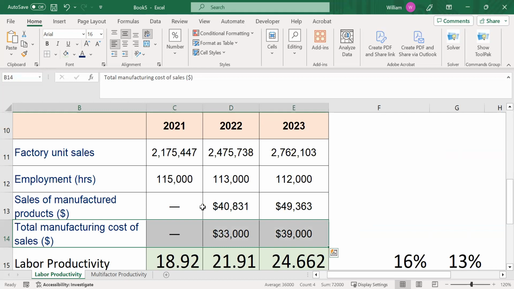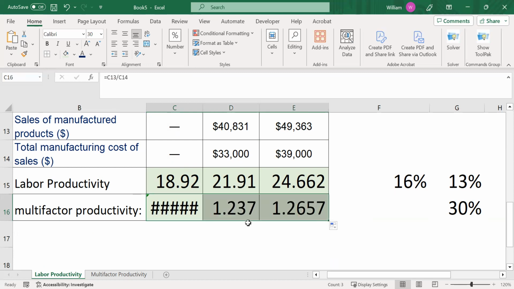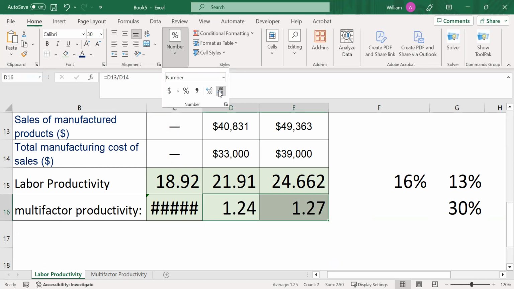So we also have our output in terms of the dollar value of the sales of the products we're selling. And so we can quickly figure out how well we did on multi-factor productivity by having our output divided by our total input. In that first time period, there are 2 zeros there, so there's really nothing, but I can drag the formula across and get some numbers that we could use to determine how well we are doing.